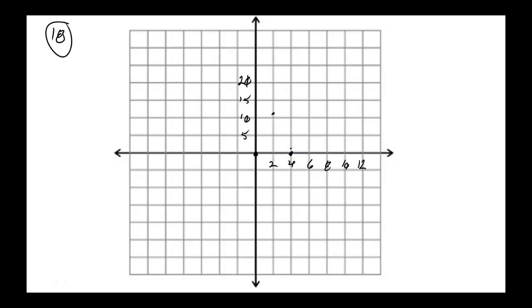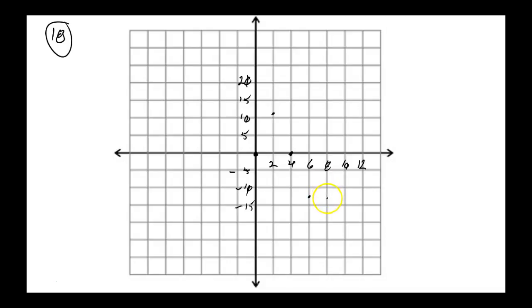Okay. At 6, it's going to be about 12 or 13 minus 5, minus 10, minus 15. So at 6, it's going to be right about there, I think. And peaks just shortly below that. At 8, it's going to be about the same place, maybe a little lower.